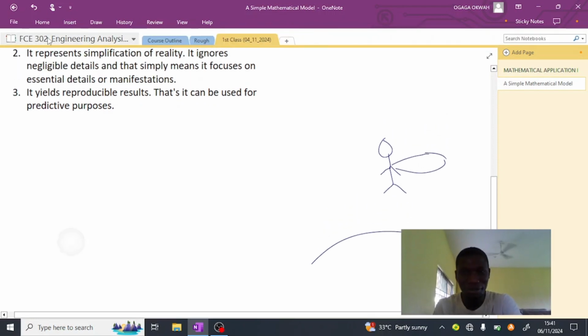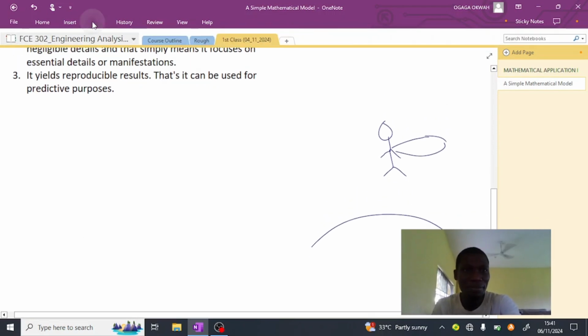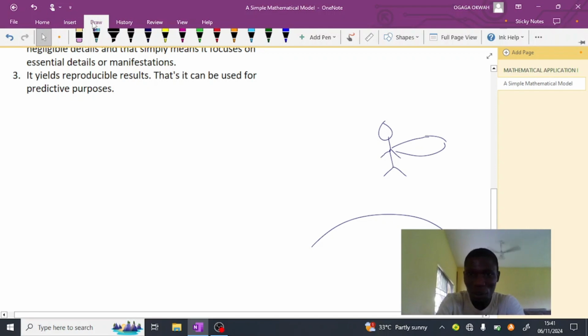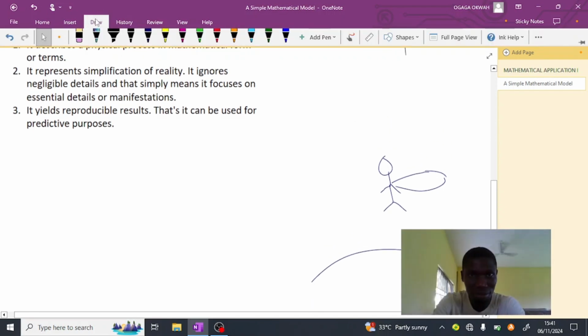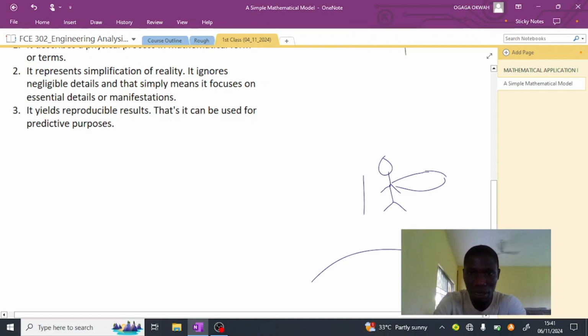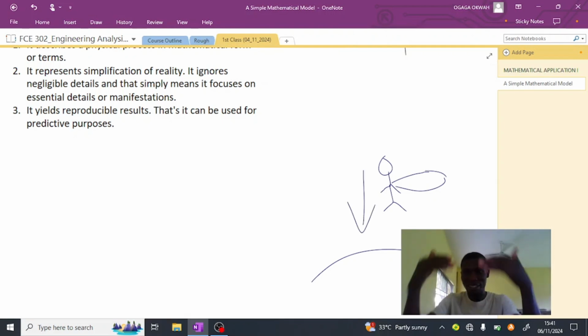The parachutist is falling down. Now, the terminal velocity, that is the velocity when it gets close to the surface of the earth. So we are looking for the terminal velocity in this case.